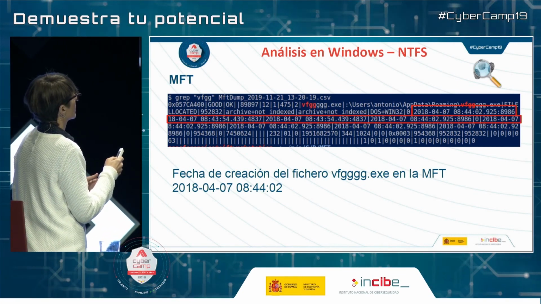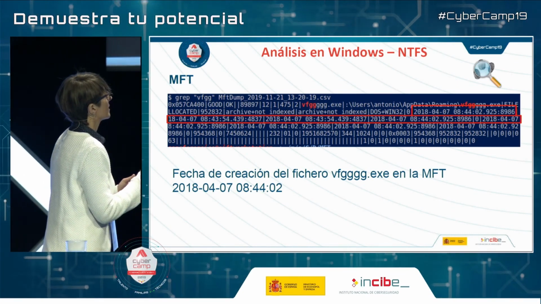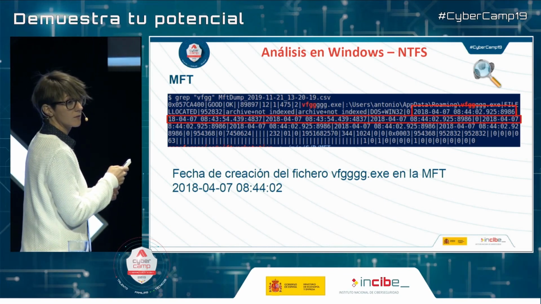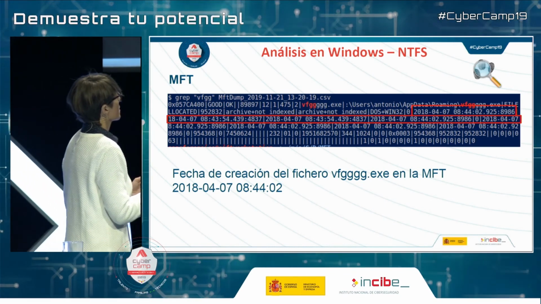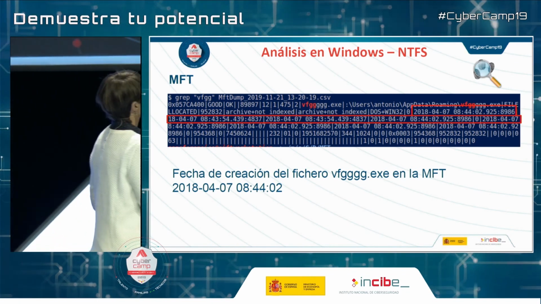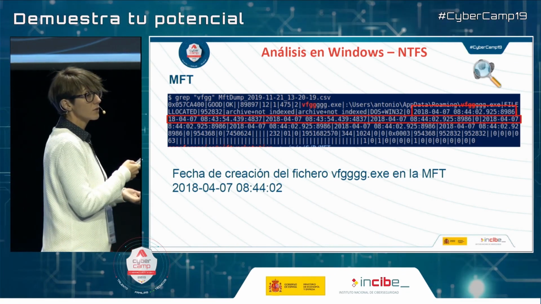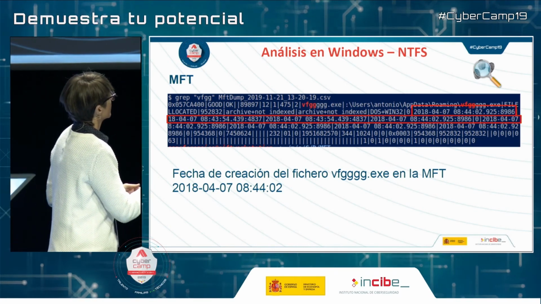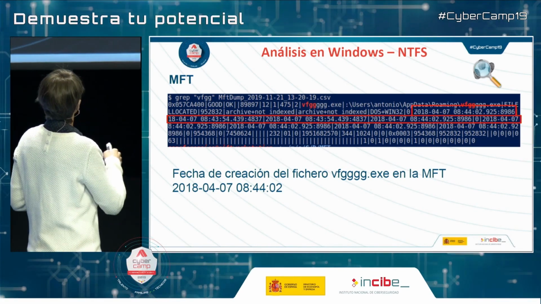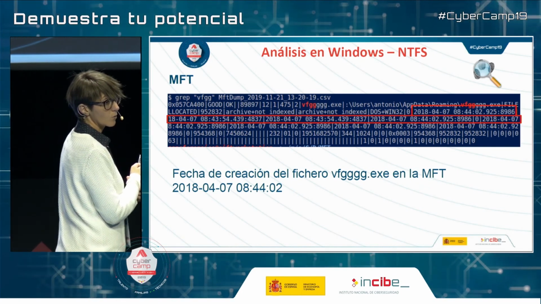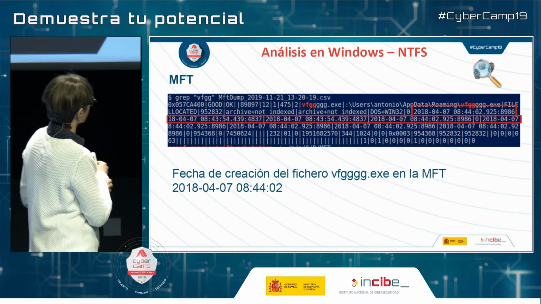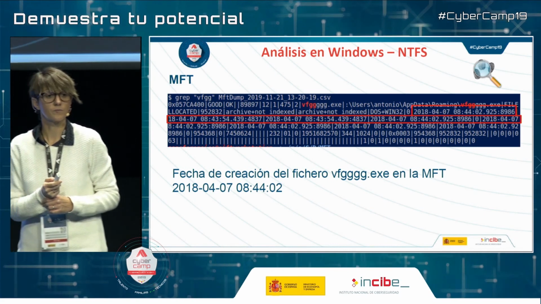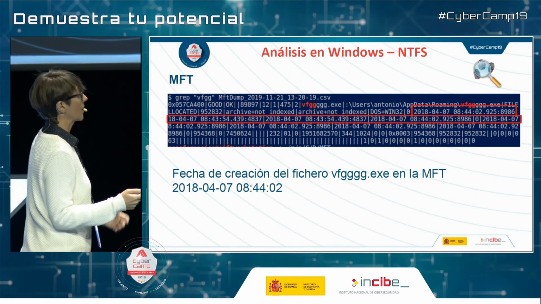So here I do a grep and I look for the VFGG in the MFT. And we have a match here. So this file has been written onto the drive. That's great, we have more information now to use. We can see the creation date on the 7th of April at 8:44.